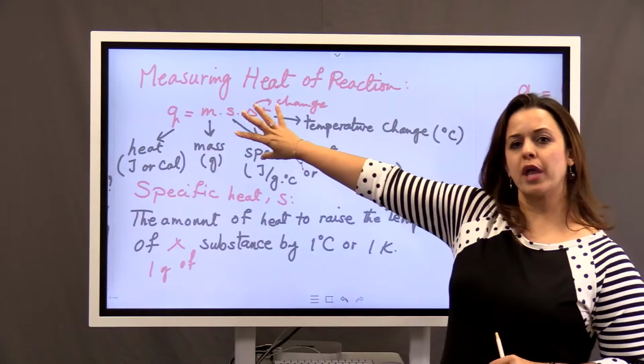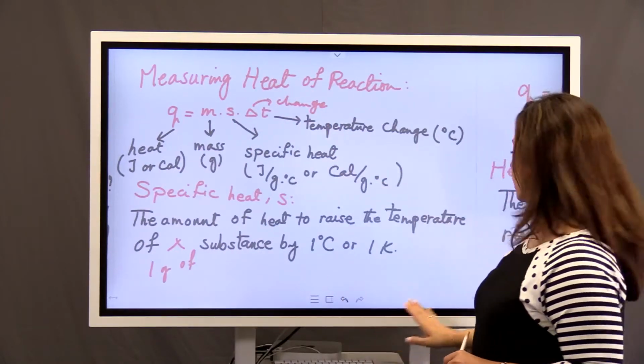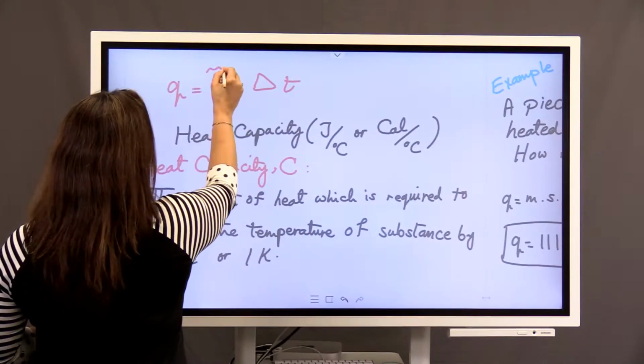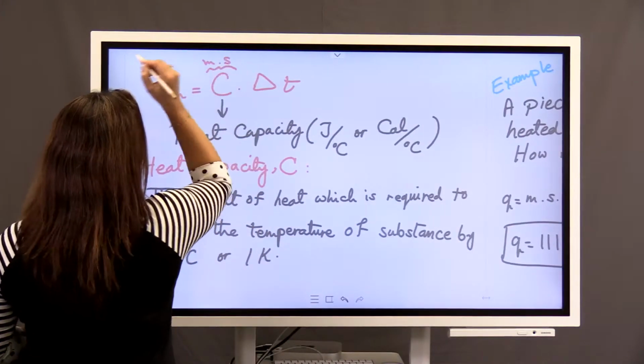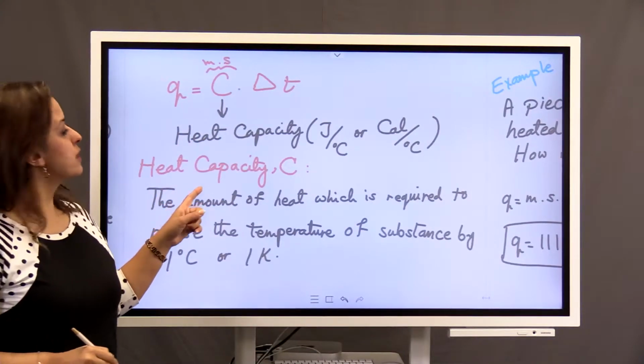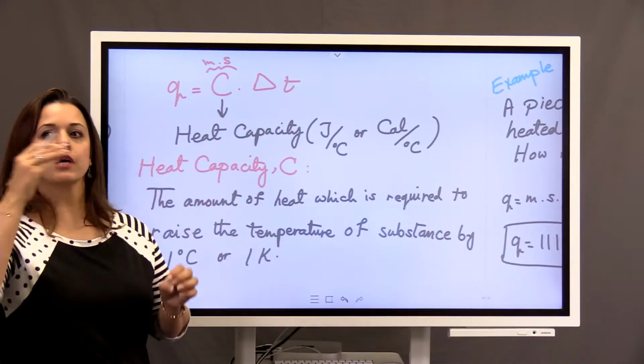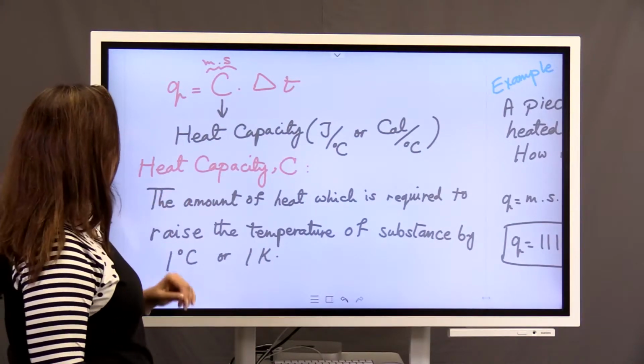You can also rearrange this formula. Instead of M times S, you have another term which is called heat capacity. We show it in C. So C is M times S. What is heat capacity?